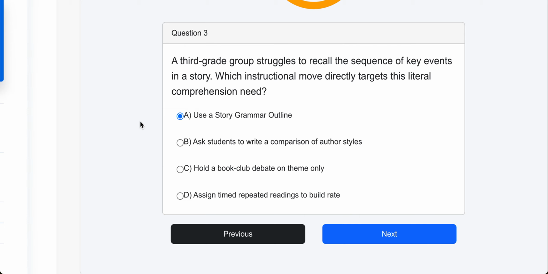It is a really important part of this RICA exam of providing effective instructional strategy, because remember that story grammar outlines are a tool used explicitly to plot the organization of the story. So you can think problems, events, resolution, like story arc into a literal recall. So story grammar outline, really important for RICA.